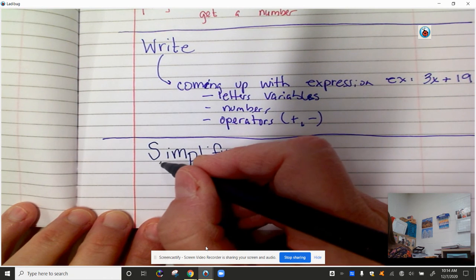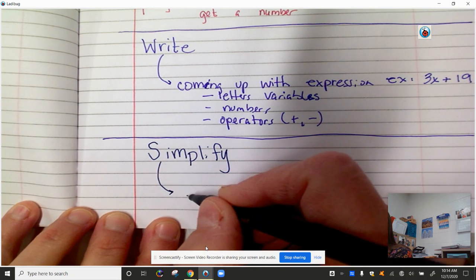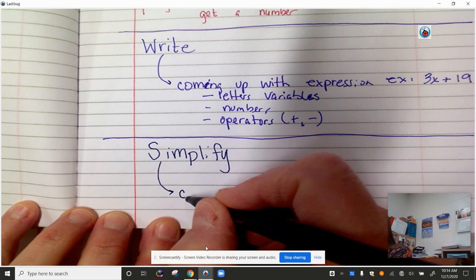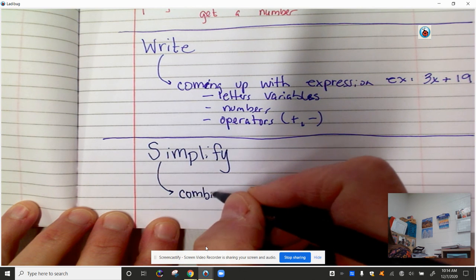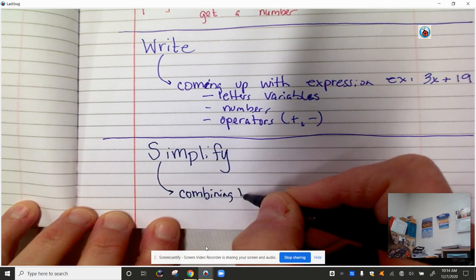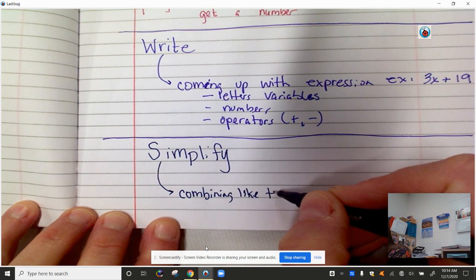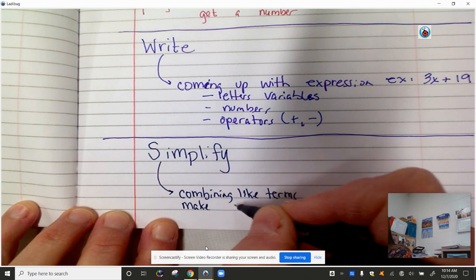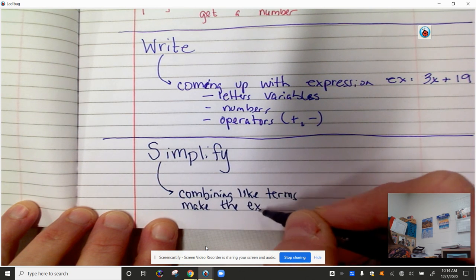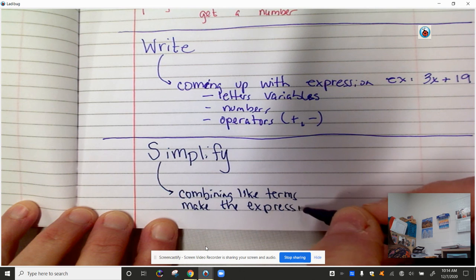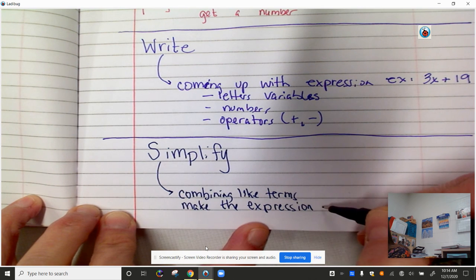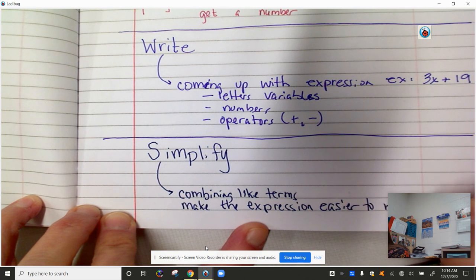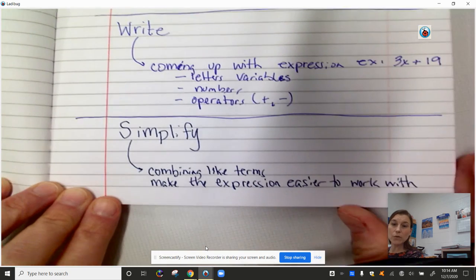What it means is you should be combining like terms in order to make the expression easier to work with.